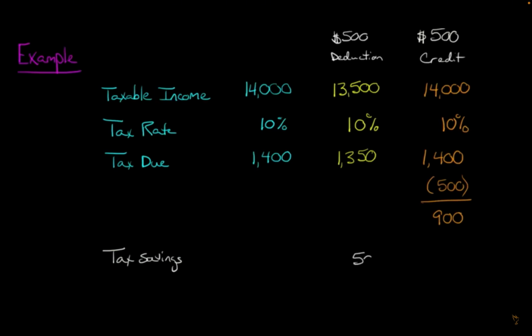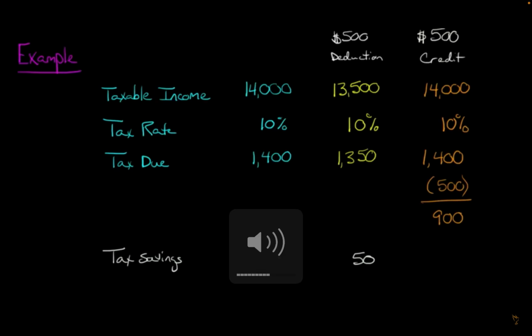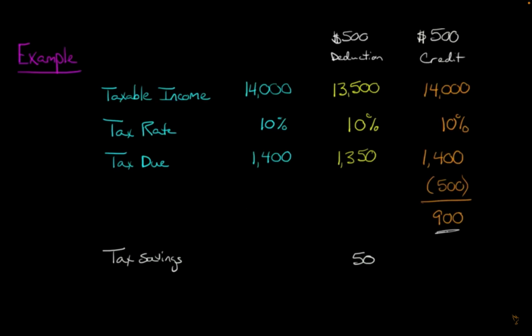So we have $50, and when I'm talking about the tax savings, I'm talking about the actual amount that you pay, right? That's what you care about. $50, right? $1,400 minus $1,350 is $50. And then here we have, you saved $500, and you're just taking $1,400 minus $900, right? So you paid $500 less.